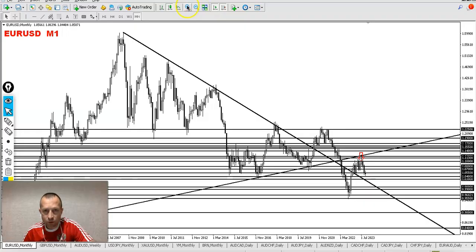Let me switch to the monthly for a moment, and you can see this is a trend line from the monthly. It's a crucial one, yeah, it's here, and this is how the big players, market makers, treat the market.